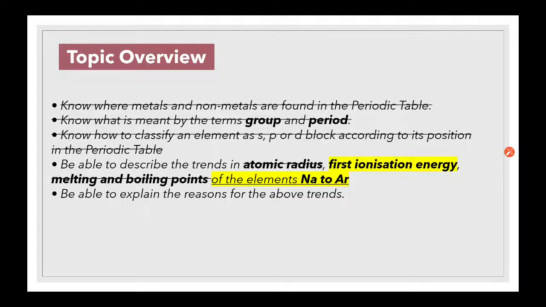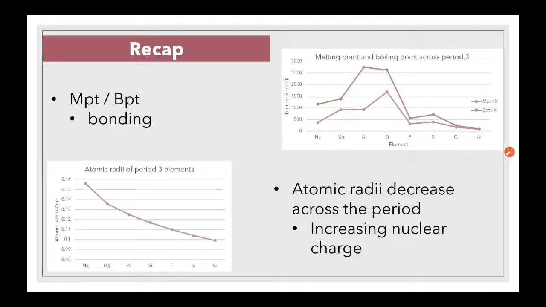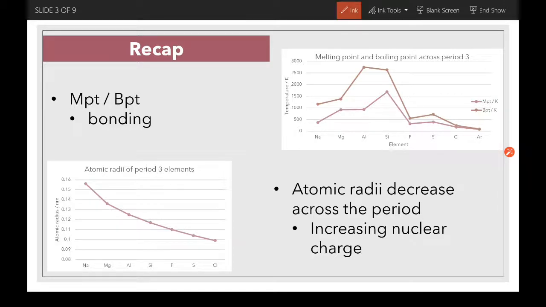Then we looked at the atomic radius, and today what we're going to do is look at the first ionization energy, the effects there. So there's a little bit of a quick recap. We looked at melting points and boiling points. We divided it into three sections. So we've got the metals, and they increased between sodium, magnesium, aluminium, because we increased the charge on the center.